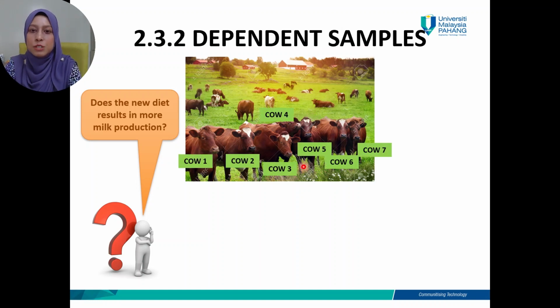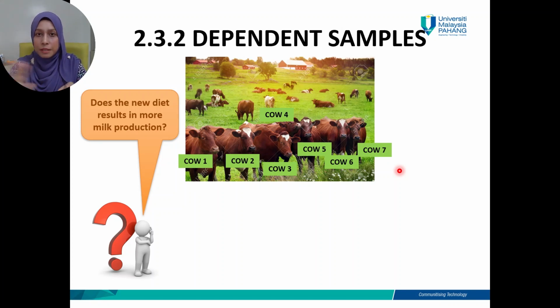Okay, maybe he chooses these 7 selected cows. Cow 1, 2, 3, 4, 5, 6, 7, and then Pak Mail collects the milk production from them. He observes, before he starts the diet, he does the data collection. And then after 1 month, the 7 cows undergo that diet plan.